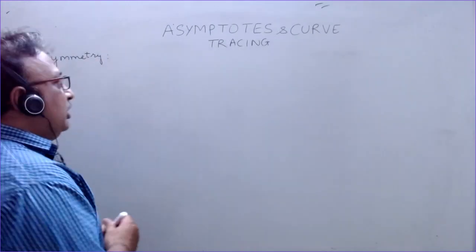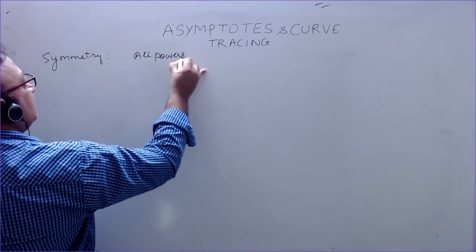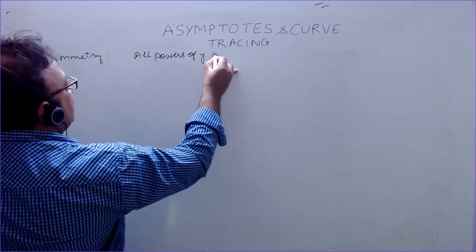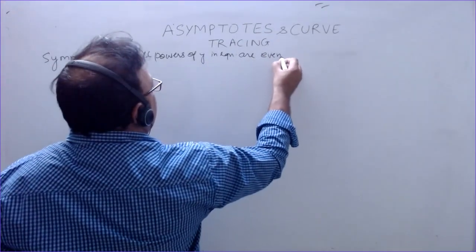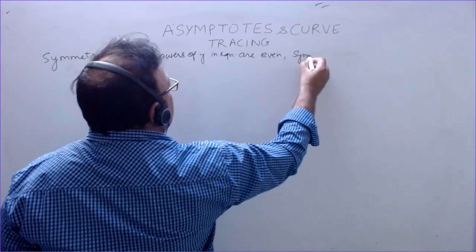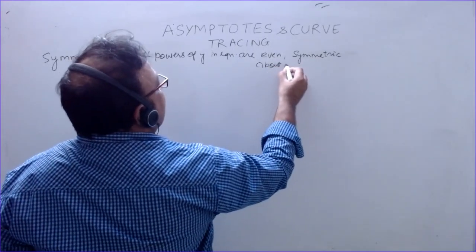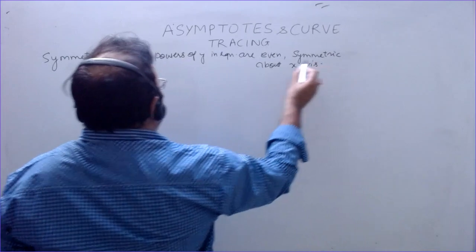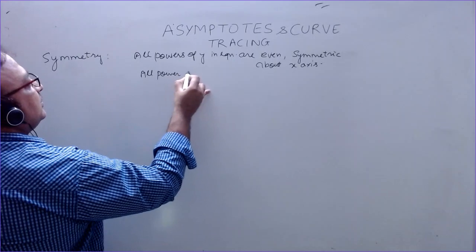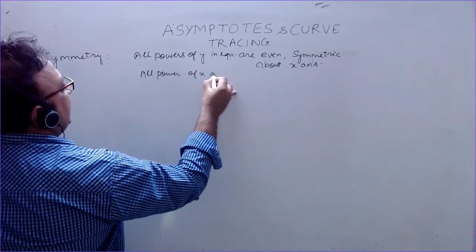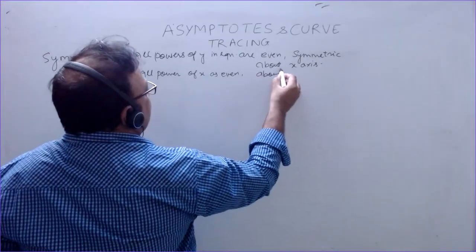If all powers of y in the equation of the curve are even, with no odd power of y, then it is symmetric about the x-axis. If all powers of x are even, then it is symmetrical about the y-axis.